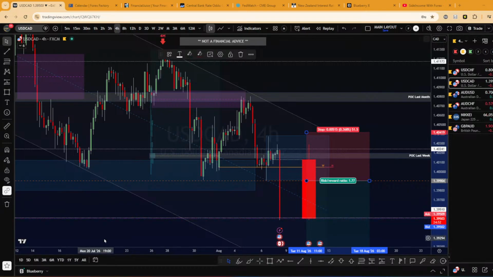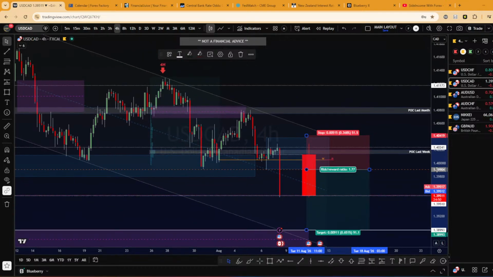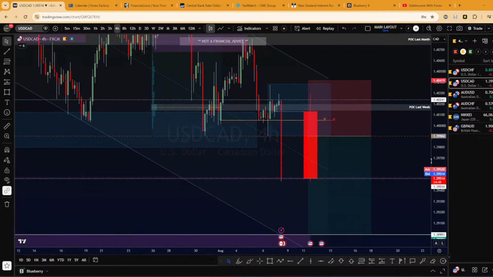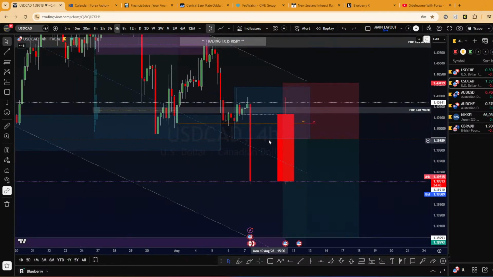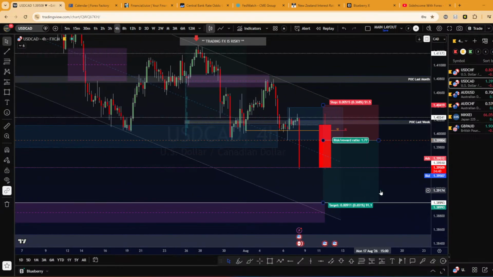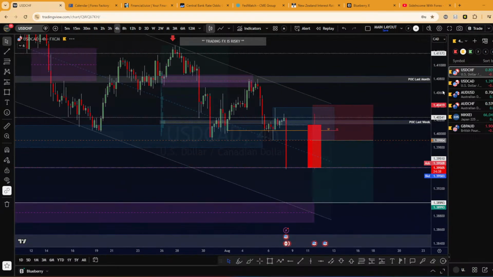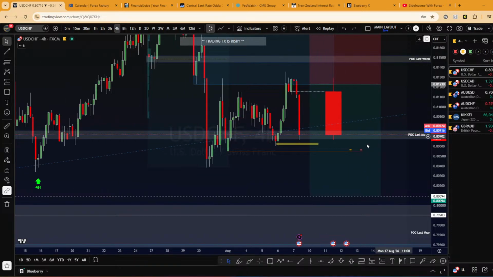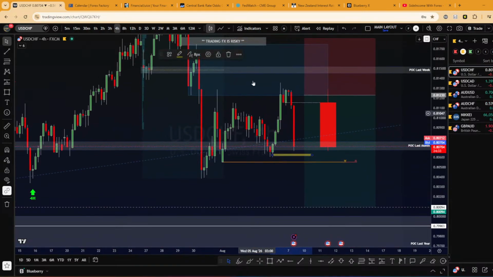Well, just some issue with the sound. It's okay right now. So put some highlight here. If price decides to retest around here, I will get in this trade in sell position. So USDCHF is looking great.